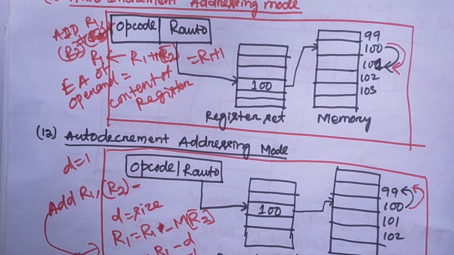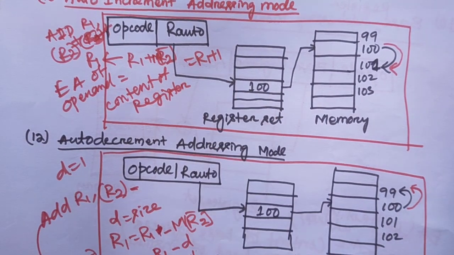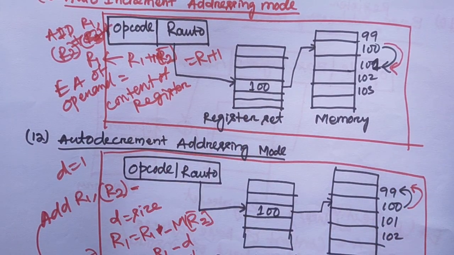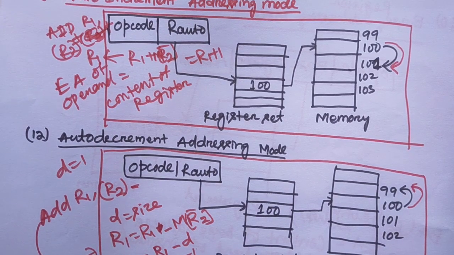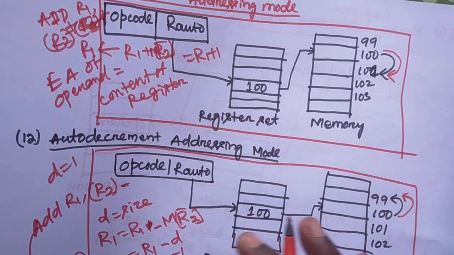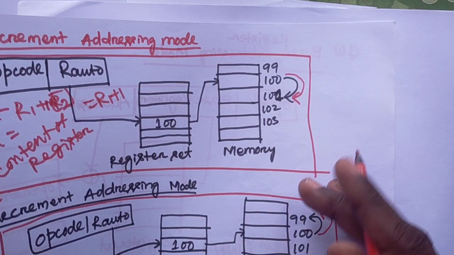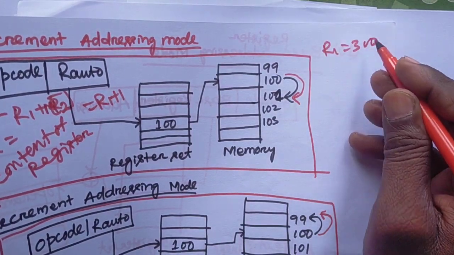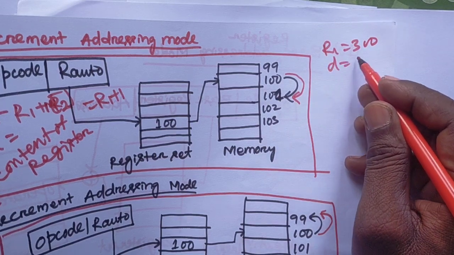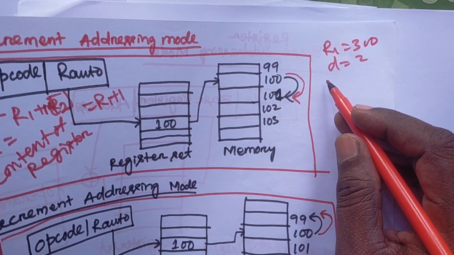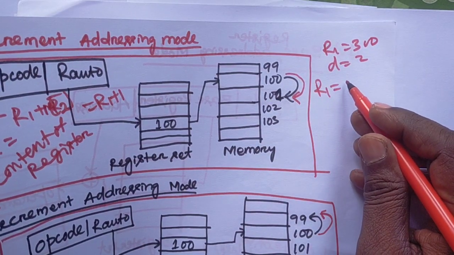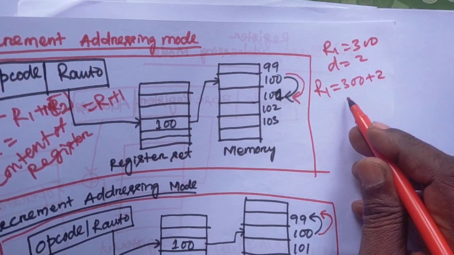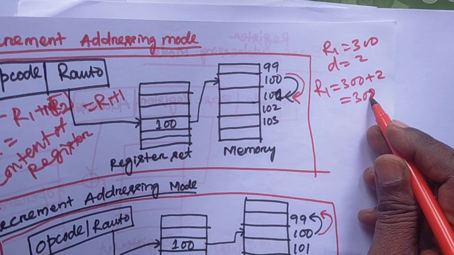So auto increment or auto decrement just depends on the size d. Suppose d is 2, and for example R1 is 300. If we increment, then R1 equals 300 plus 2, that is 302.